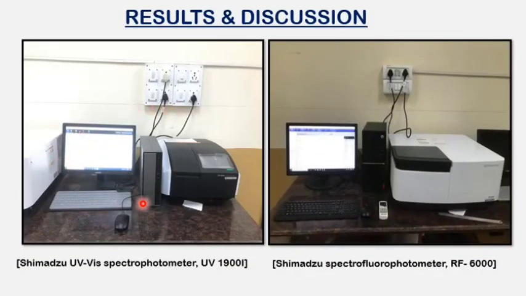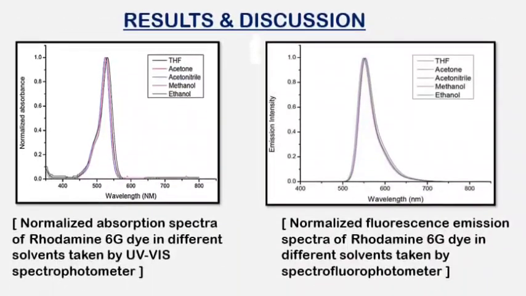This is an image of a spectroscopic machine known as a UV-visible spectrophotometer, and this is the image of another spectroscopic machine known as a spectrofluorophotometer. This is the normalized absorption spectra of rhodamine 6G dye in different solvents taken by the UV-visible spectrophotometer, and these are the solvents used here.